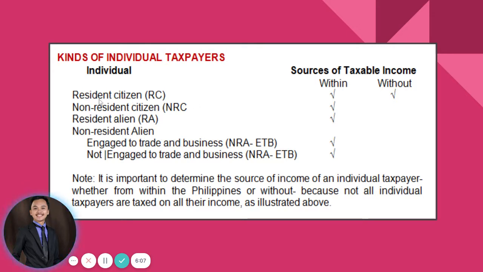For example, if they are RC or resident citizen, then their income within and without the Philippines will be subject to tax. So that means if you are a resident citizen, if you have income earned in the Philippines and earned abroad, then all of your income or your global income will be taxable in the Philippines.